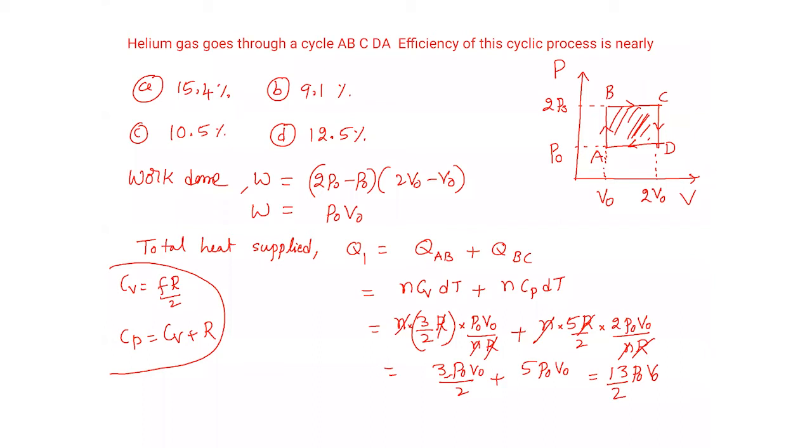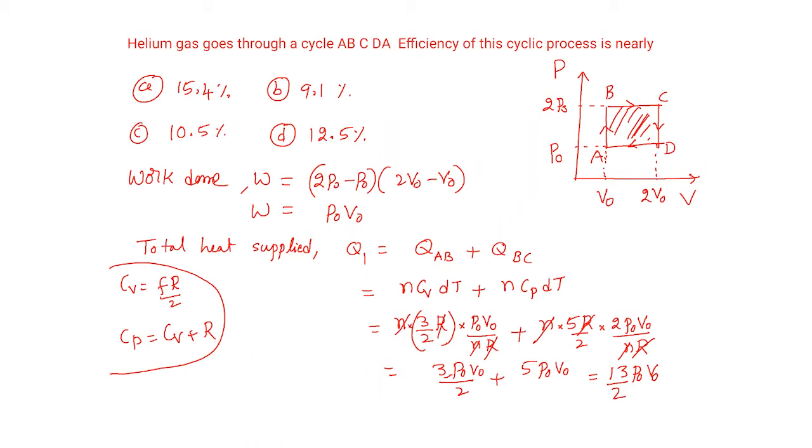Copy till here. So we got work done, we got heat supplied. What is the fundamental formula for efficiency? Work done by heat supplied. Now W by Q1 gives you efficiency, then percentage efficiency. Copied, all of you?